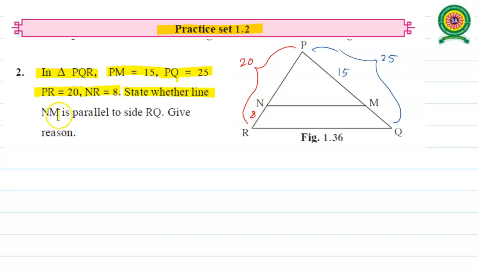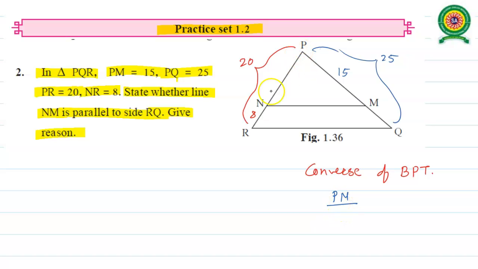State whether the line NM is parallel to the side RQ. Give the reason. Since we have to prove that for triangle PQR, NM is parallel to QR, we are using here the converse of the basic proportionality theorem. What does it tell us? It tells us that if the ratio of intercepts made by the line NM on PR and PQ are in equal proportion, then we can say that NM is parallel to QR or RQ.